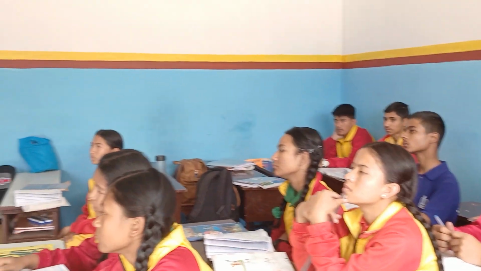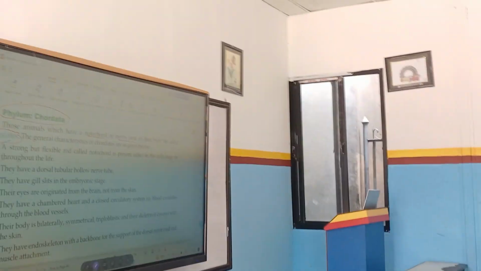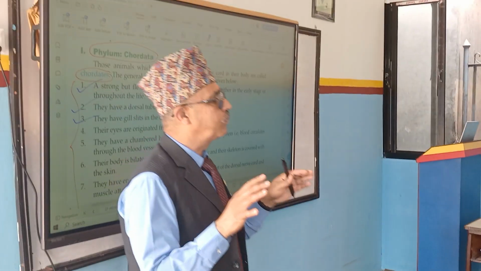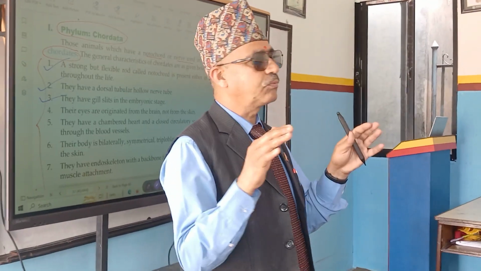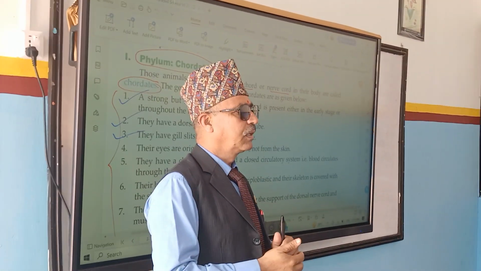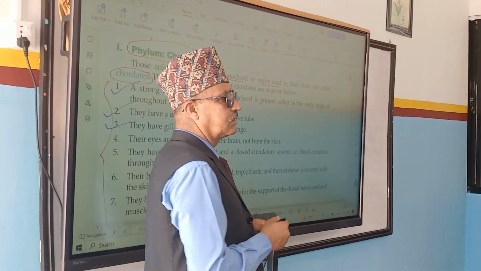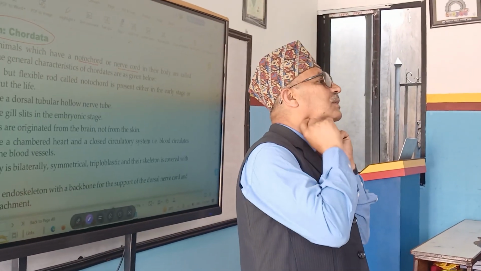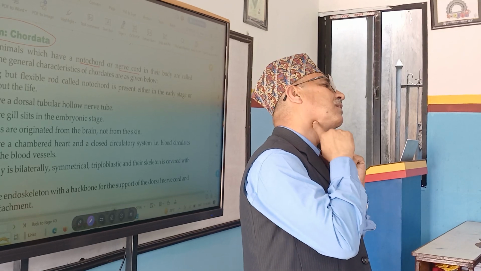Number 3. They have gill slits in the embryonic stage. The embryo is the structure formed by fusion of male gamete and female gamete, and when it starts growing, it contains gills. But in human beings, when the baby is born, no gills are present, though a marking of the gills is still here.